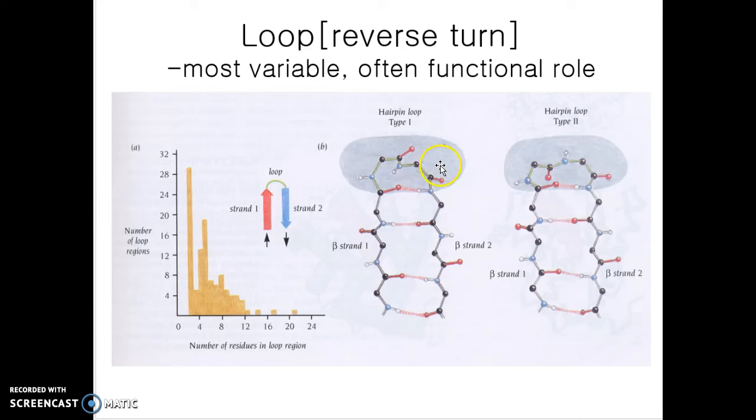So especially the loop connecting beta pleated sheets is called a hairpin loop. Okay, depending on its actual conformation, there are 2 types, type 1 and 2.